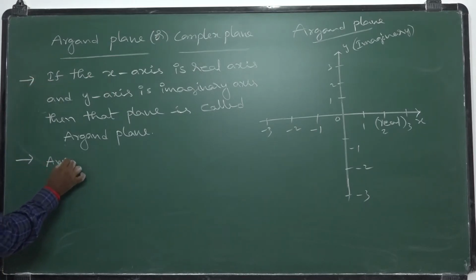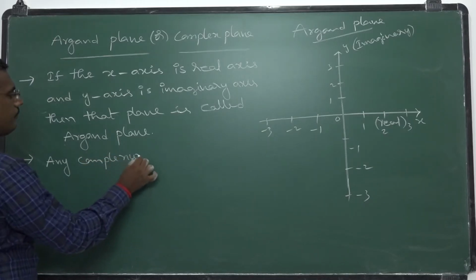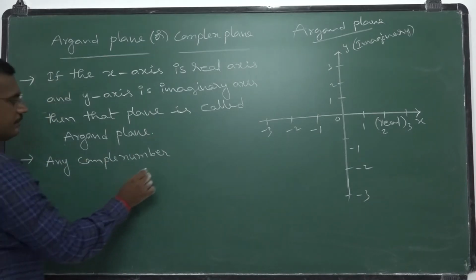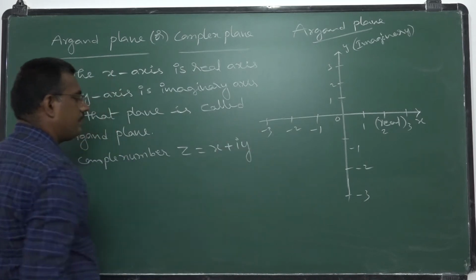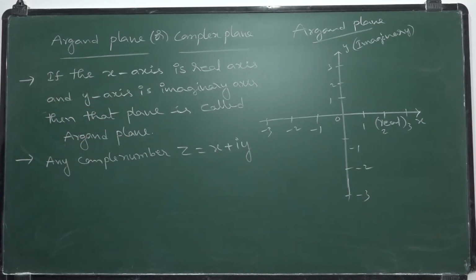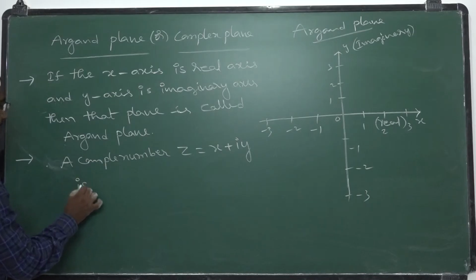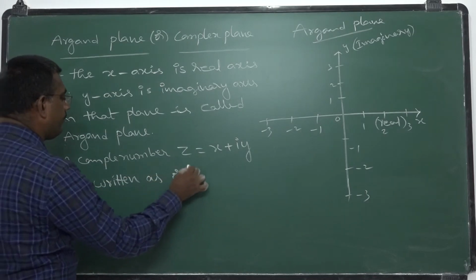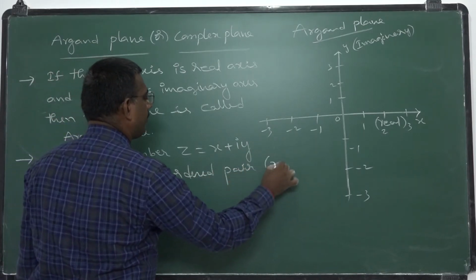Suppose a complex number z equal to x plus iy is written as the ordered pair (x, y).